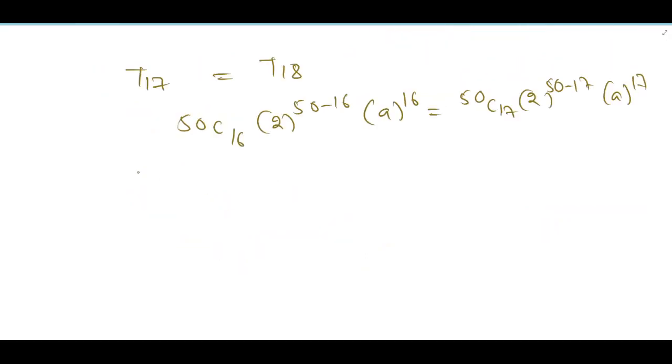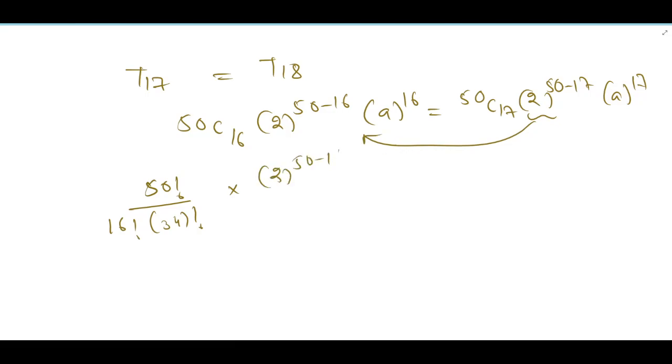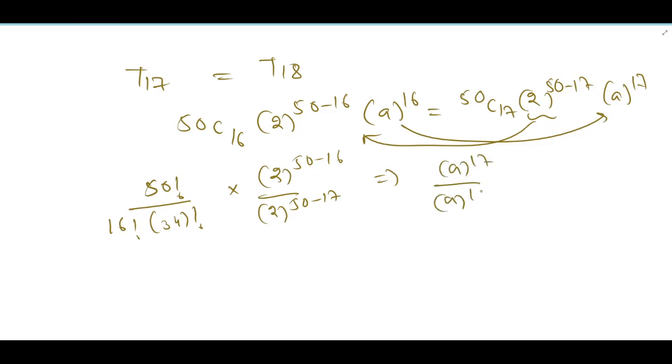So from here we get 50 factorial divided by 16 factorial and 34 factorial, into, if we take the 2 term on the left side, 2 to the power 50 minus 16 divided by 2 to the power 50 minus 17, is equal to, taking a to the right side, a to the power 17 by a to the power 16.